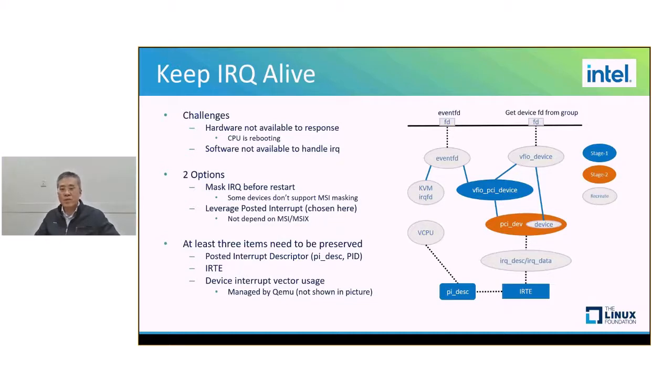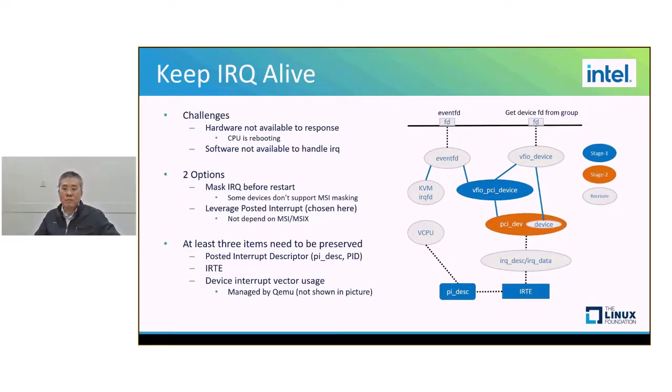There are two options to keep IRQ alive. First one is to mask IRQ when the device is put into Keepalive state and unmask it when VM resumes. In this way, the device can hold from issuing IRQ during the restart period. The problem of this approach is that MSI masking is an optional feature of PCI devices, which means there are some devices that don't support MSI masking.